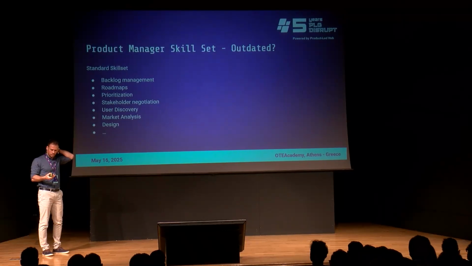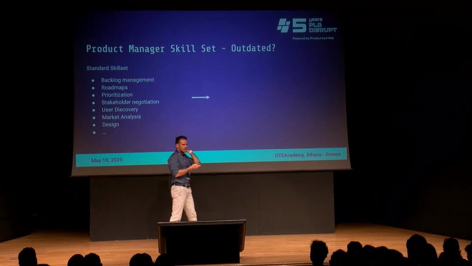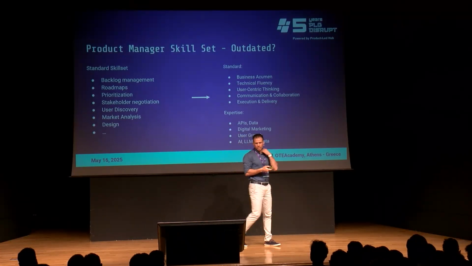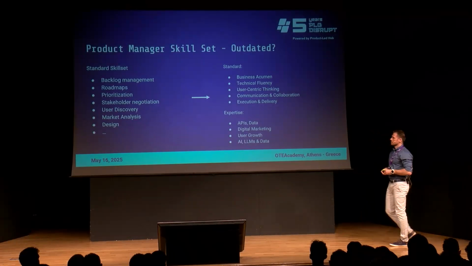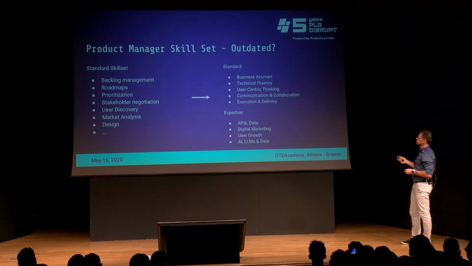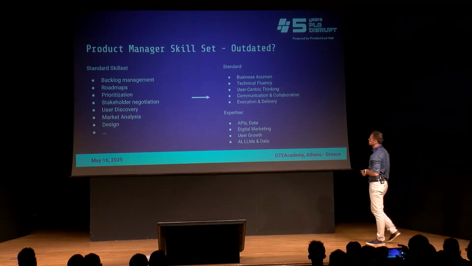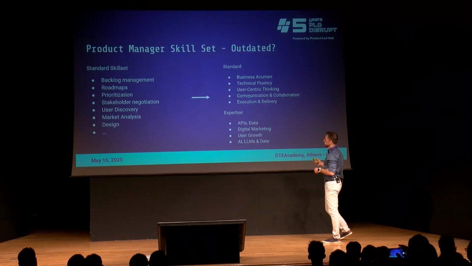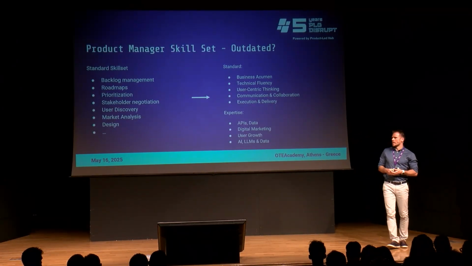But right now, there is a shift here. We have some standard skills, usually the soft skills: business acumen, technical fluency, user-centric thinking, communication, collaboration, and of course, execution and delivery. Not hands-on, but you know what I mean.